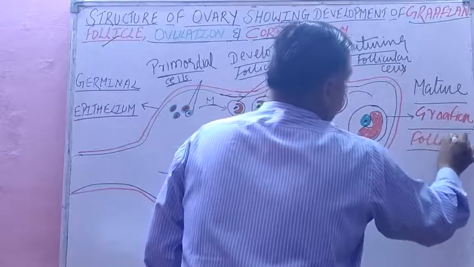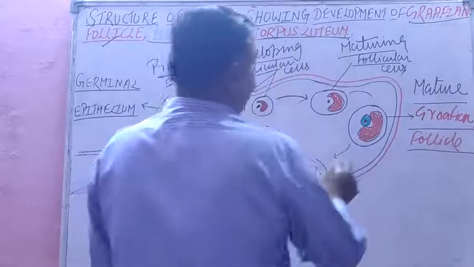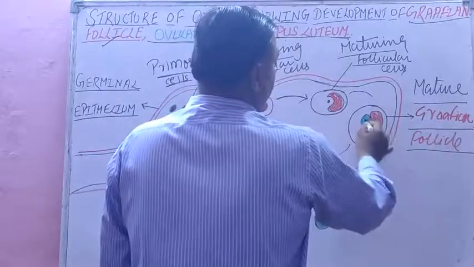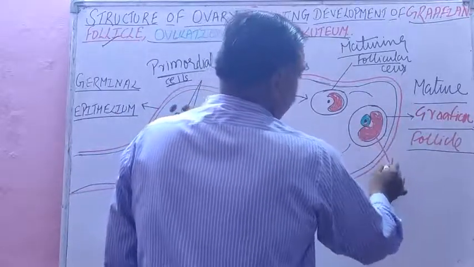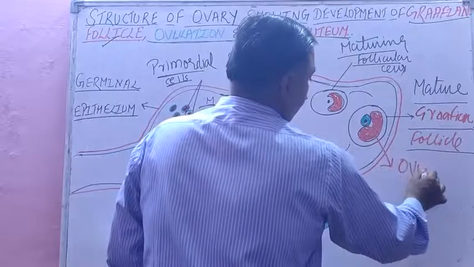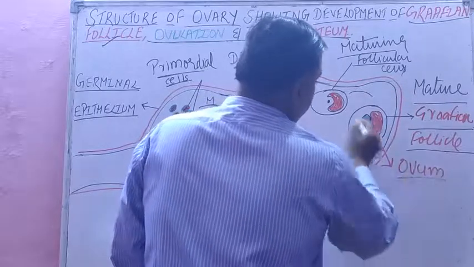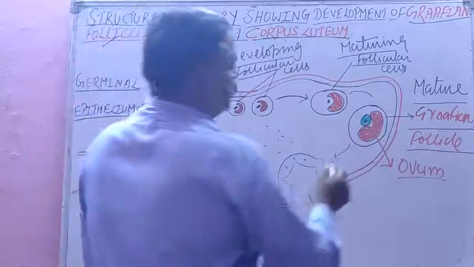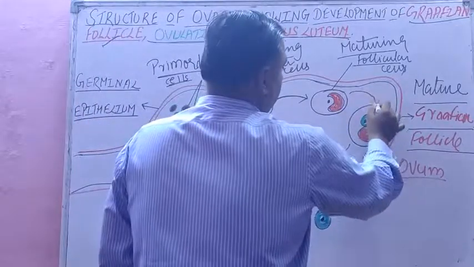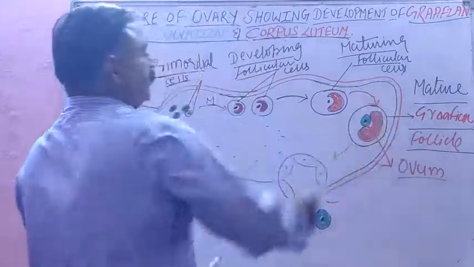Now, this mature Graafian follicle consists of follicular fluid, follicular cells, and the ovum in between. You see, students, this green structure is the ovum. Now, this is the mature Graafian follicle.